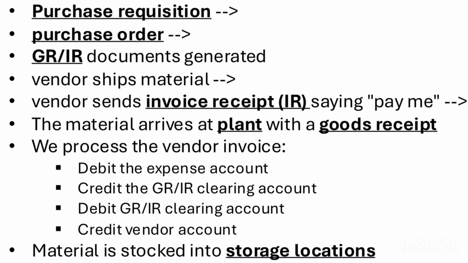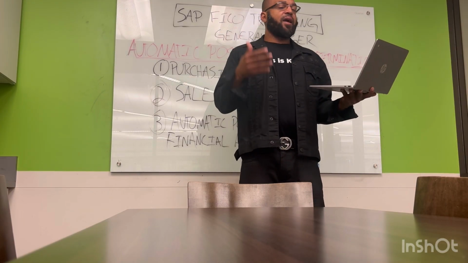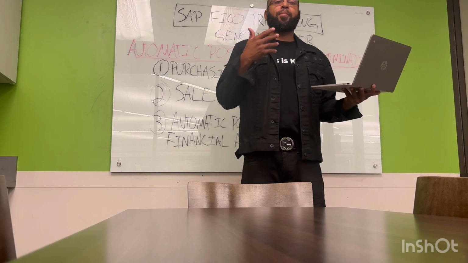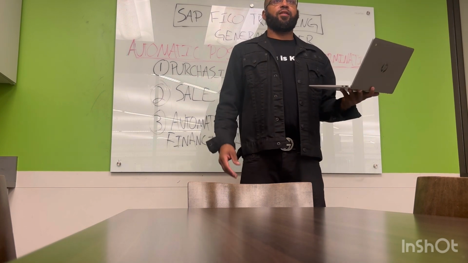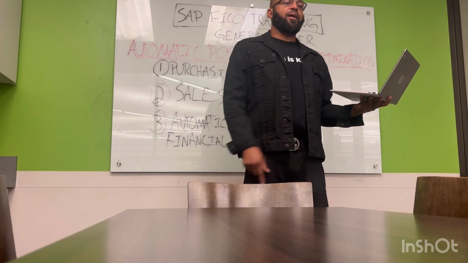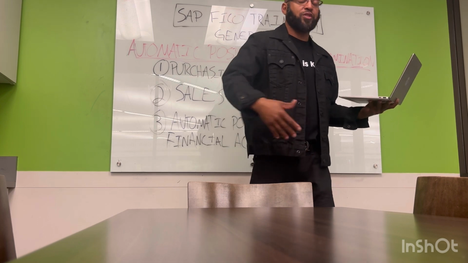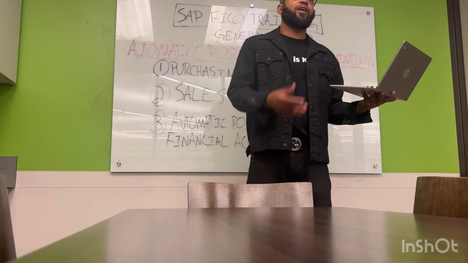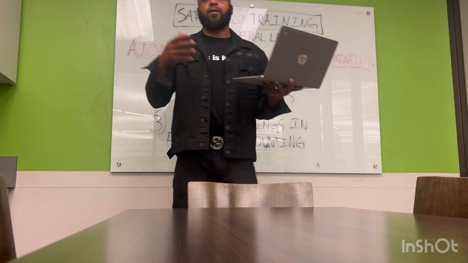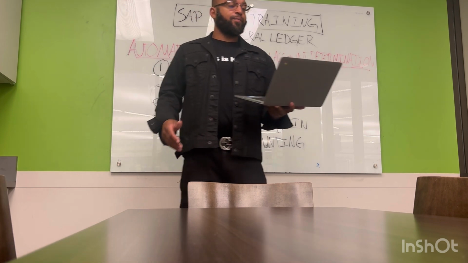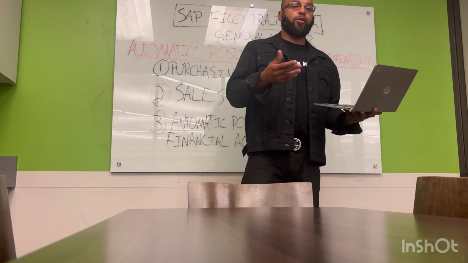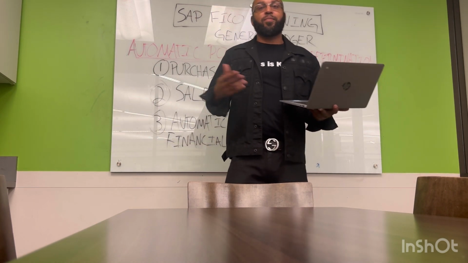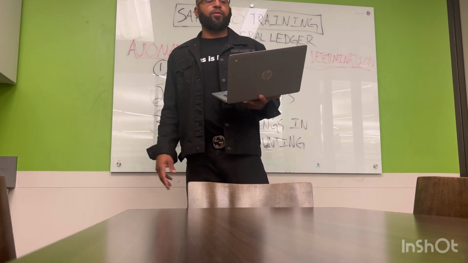All a purchase requisition is someone going to their manager and saying, hey, can we create a purchase order? And they'll say, yes, you can create the purchase order based on this information you just gave me. And they said, thank you. Then they go create the purchase order. So the purchase requisition is the approval to be able to create the purchase order.